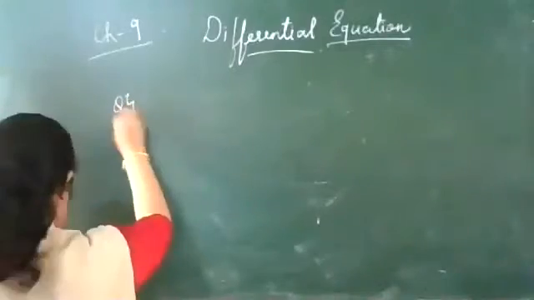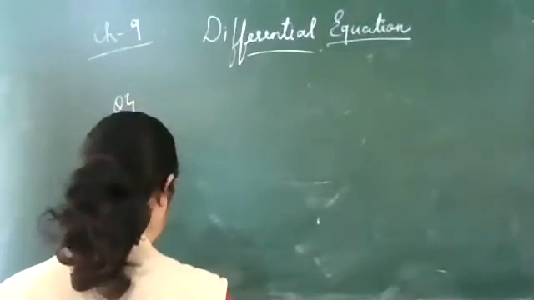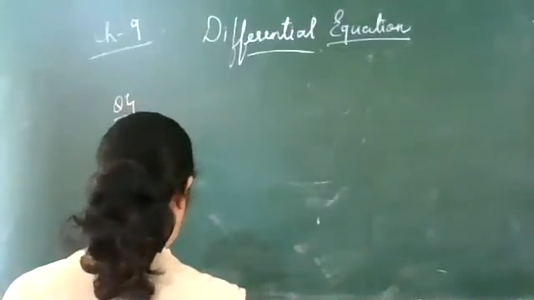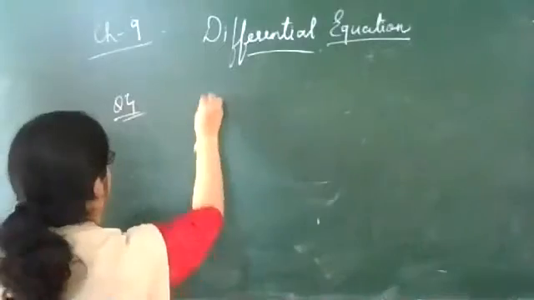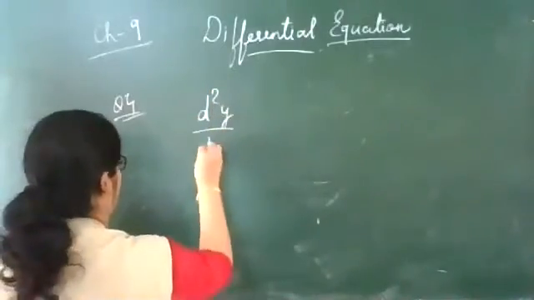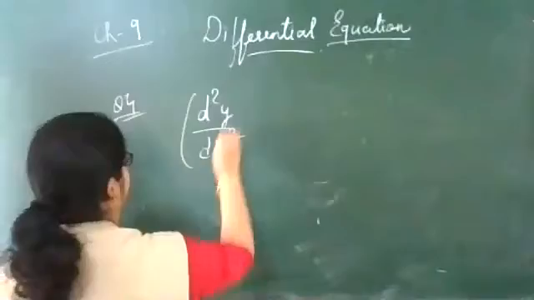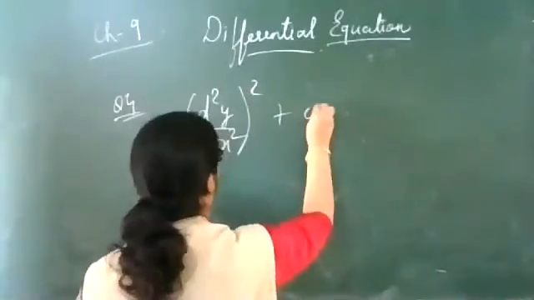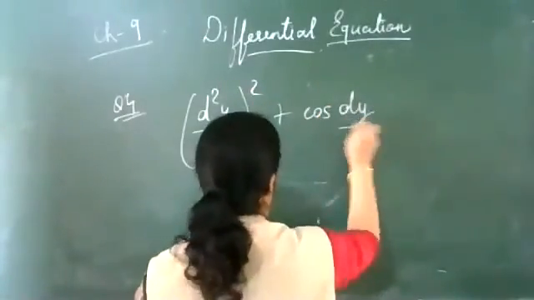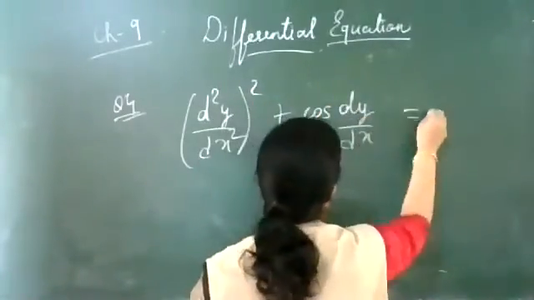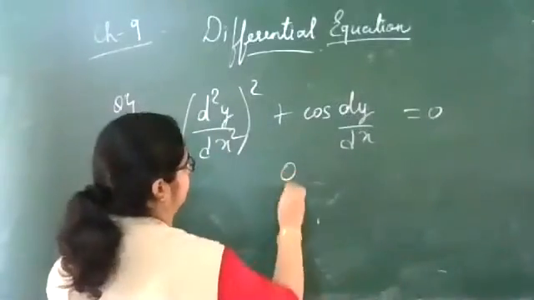Question number 4 is (d square y by dx square) whole square plus cos of dy by dx is equal to, order, degree.